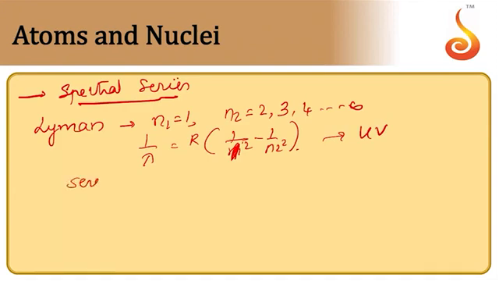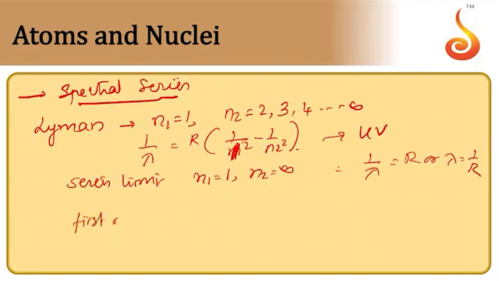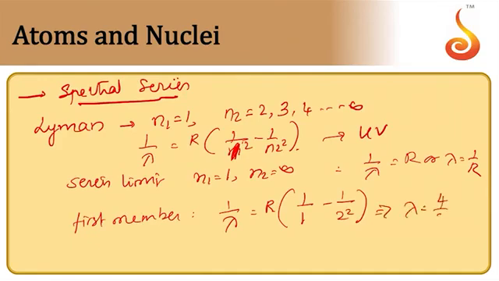The series limit corresponds to N1 equal to 1, N2 equal to infinity, so 1 by lambda is equal to R, or lambda is equal to 1 by R. The first member corresponds to 1 by lambda is equal to R into 1 by 1 minus 1 by 2 square, which gives lambda equal to 4 by 3R. So the range lies from 1 by R to 4 by 3R.